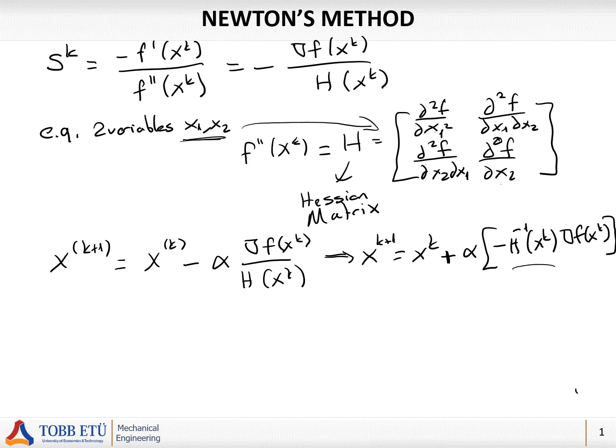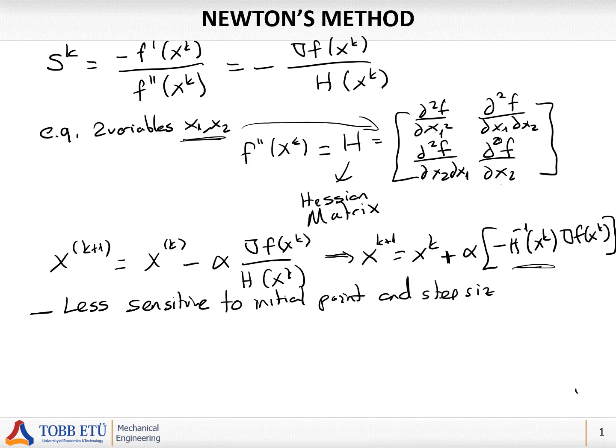Taking this inverse can be problematic, that's why we need to be careful. But this method is less sensitive to the initial point and step size alpha, and usually we use alpha equals 1 in general. We don't need to try different values. This is good for Newton's method.